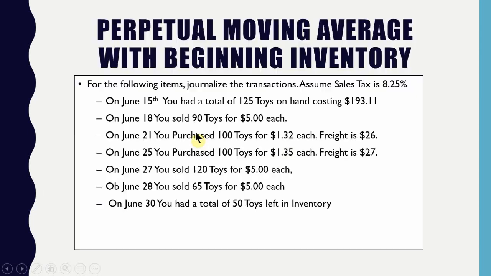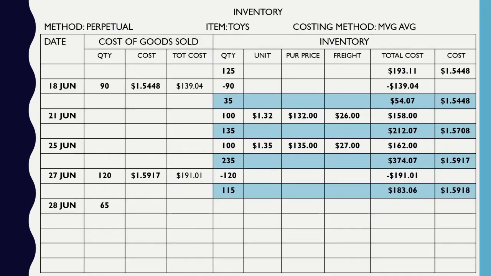So then, last but not least, on June 28, we end up selling 65 toys at $5 each. So you pop in that 65. Since we have a new average cost of $159.18, you pop that in, and that's going to give you $103.47. You subtract that out to get a new total inventory of 50 items at a total of $79.59.